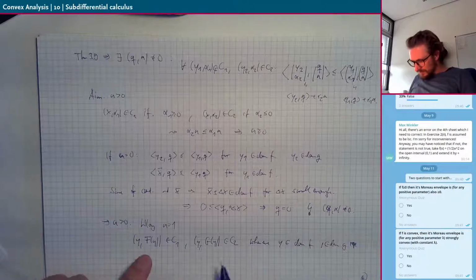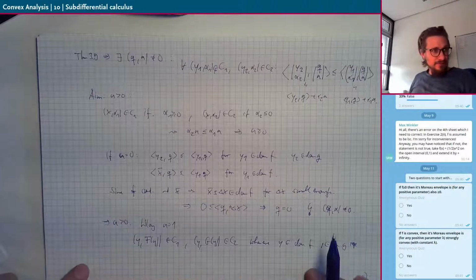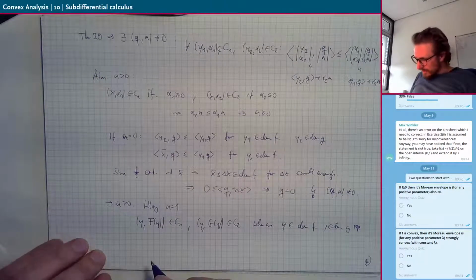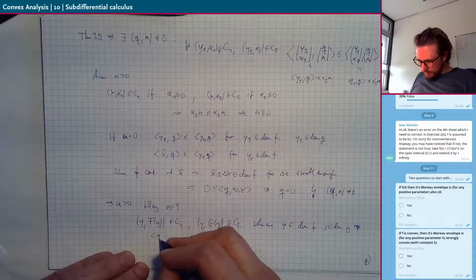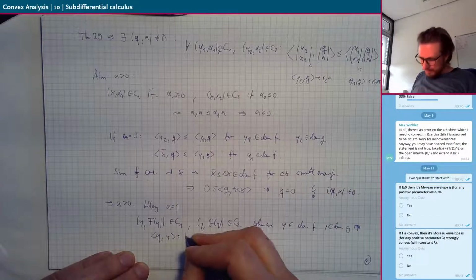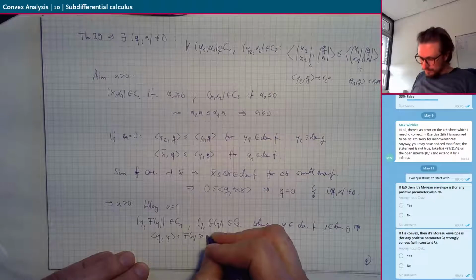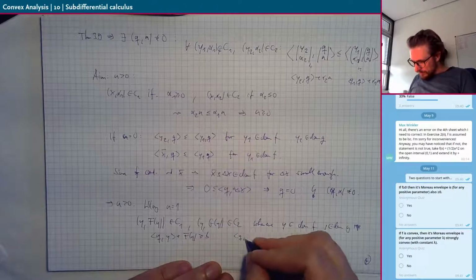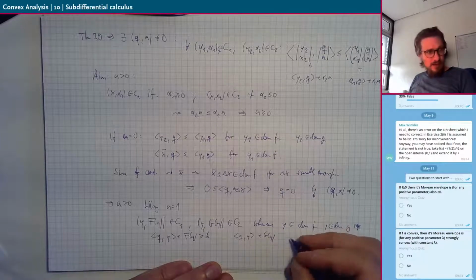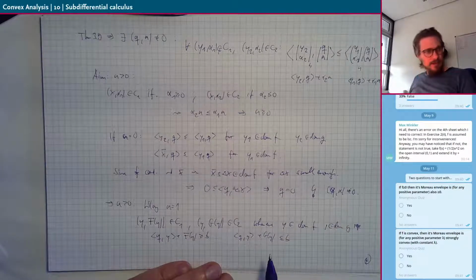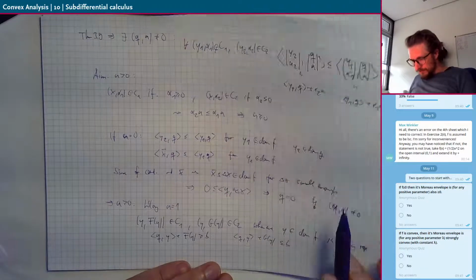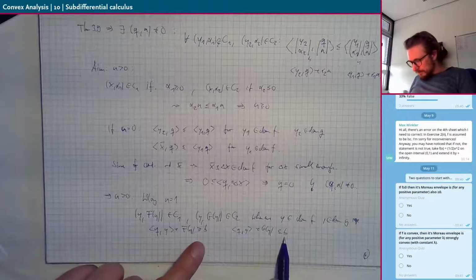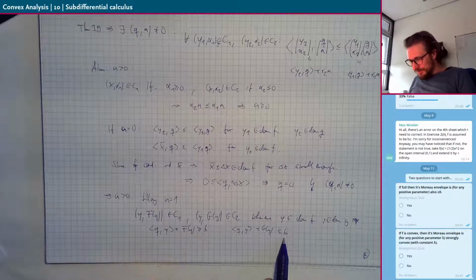So in the first case this holds, in the second case this holds. And this is just saying that q times y plus f of y is larger equal to b, and q times y plus G of y is smaller equal to b, coming from this up here for some b. Okay, it still remains a little bit open what this b exactly is, but we'll see.